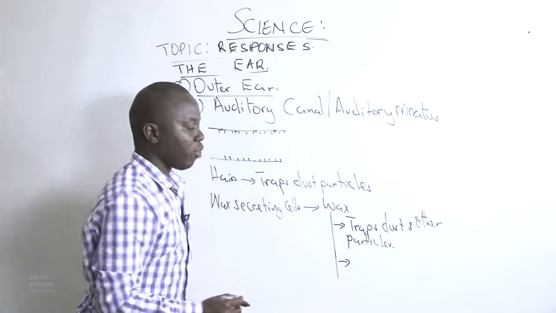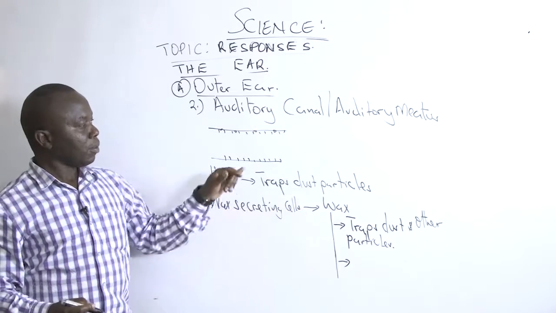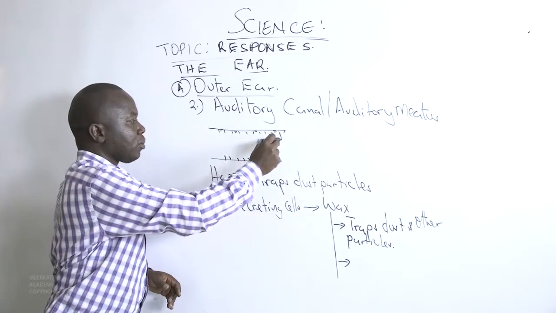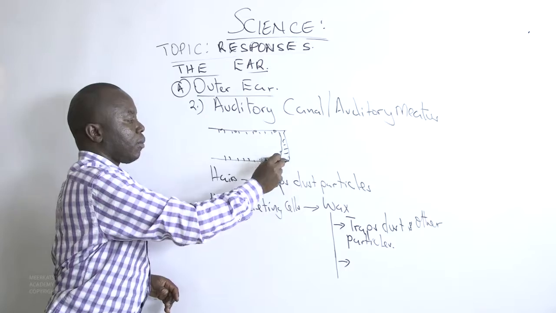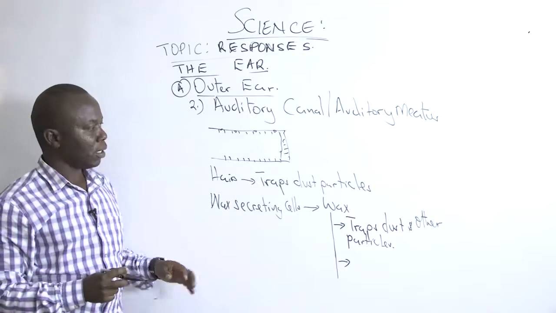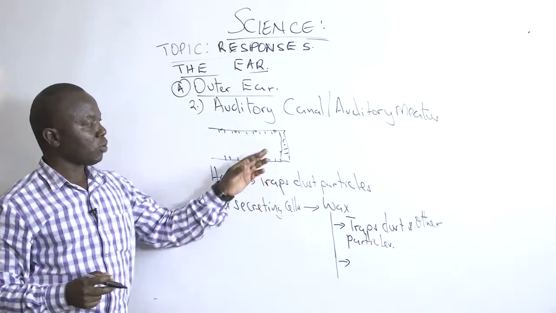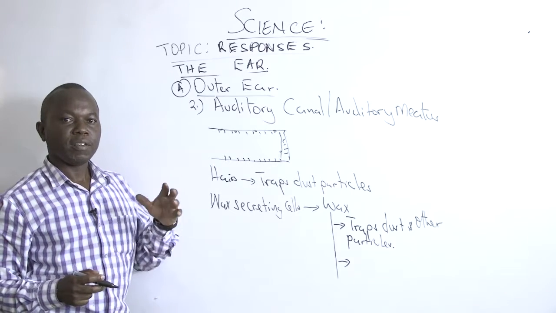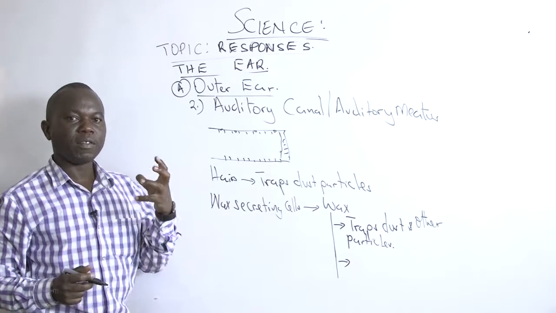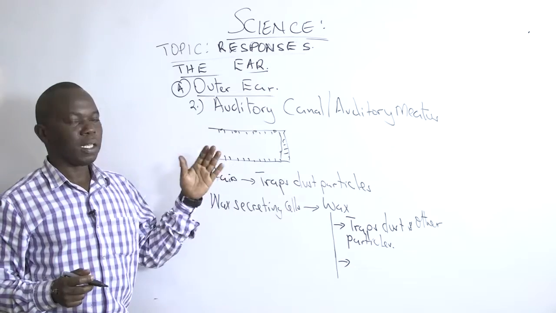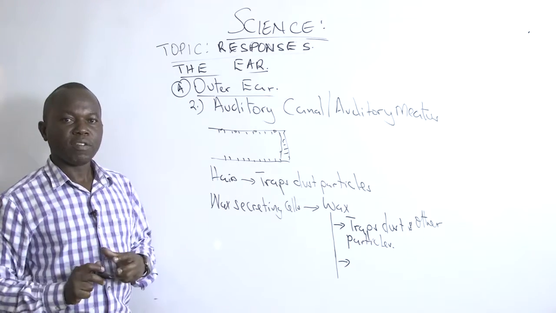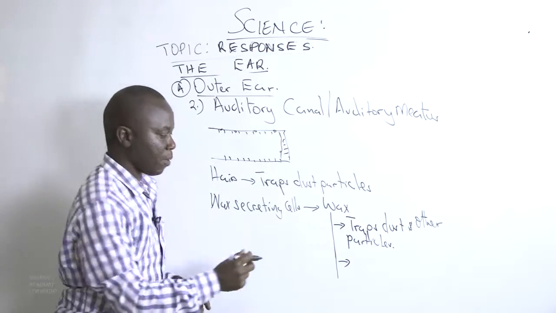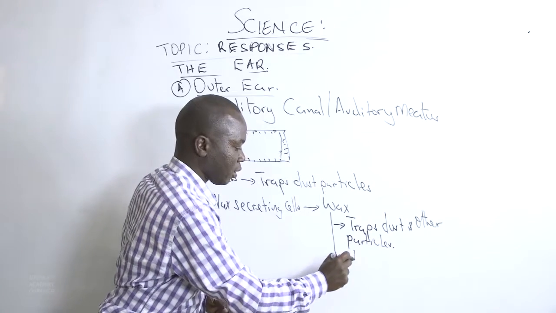And then another role of wax. Remember, from the auditory meatus you will go to a double membrane structure, the eardrum. Wax also makes the eardrum flexible so that when sound waves hit the eardrum, it is going to vibrate with ease.